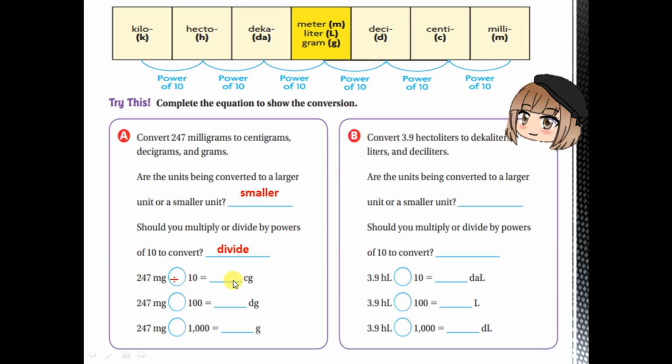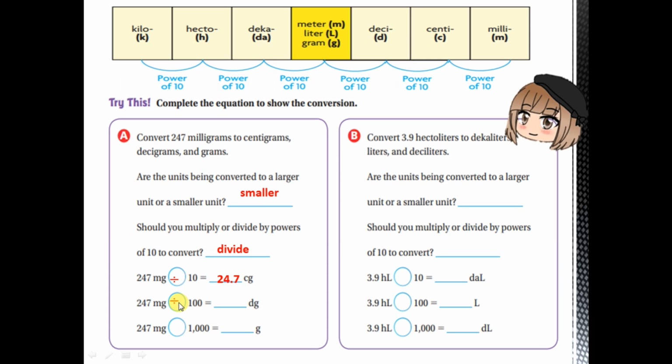So it will be 24.7. Good job. If I want to convert from milligram to decigram, I will move 2 places. This means 10 with the power 2, which means 2 zeros, so I will divide by 100.